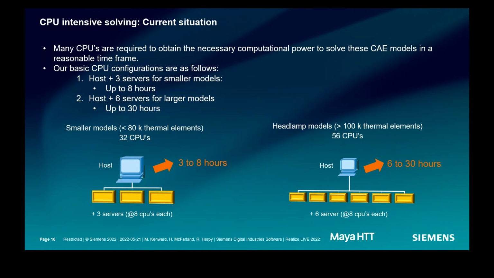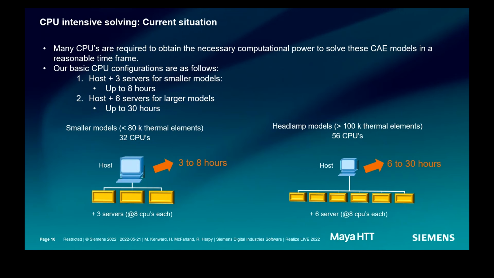So traditional simulation methods required many CPUs to get the computational power we needed to solve these larger headlamp models. One typical setup could be one host machine, parallel processing to 3 servers with maybe 8 CPUs each, which could take up to 3 to 8 hours to solve the model depending on the complexity.